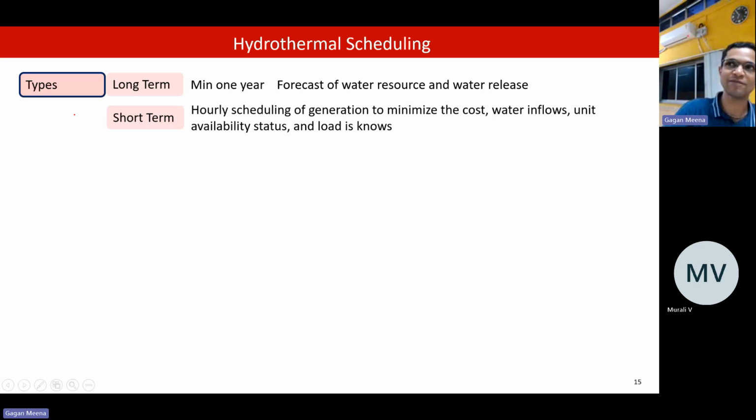And the dam needs to release the water before the monsoon season. That has to be done because otherwise, if the dam is full and there is heavy rainfall, then the water has to be released. Gates of the dam need to be opened, and that can lead to flooding of some villages.